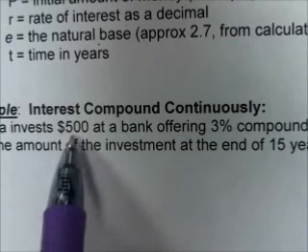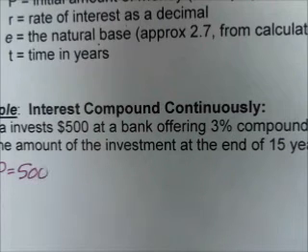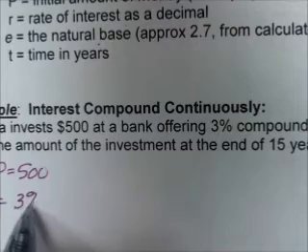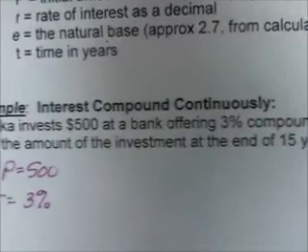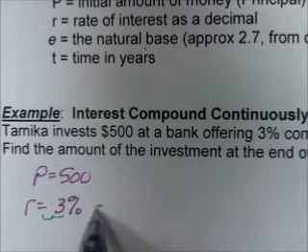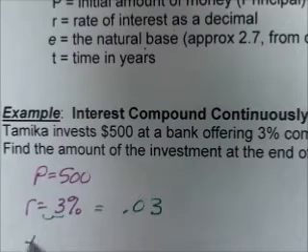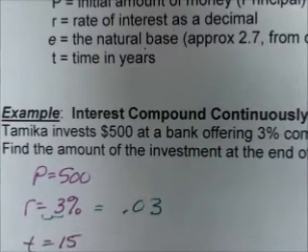So our initial investment, 500, that's our P value. The 3% is our r. We need to change that to a decimal, and we do so by simply taking the decimal point and moving it 2 places. That's 0.03. And t is 15, or time is 15 years.